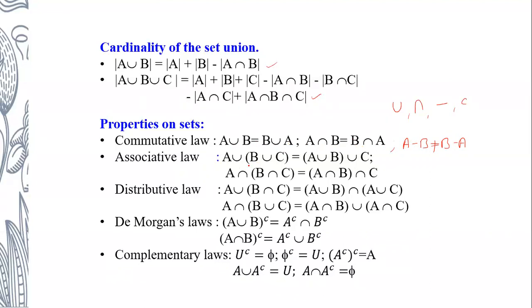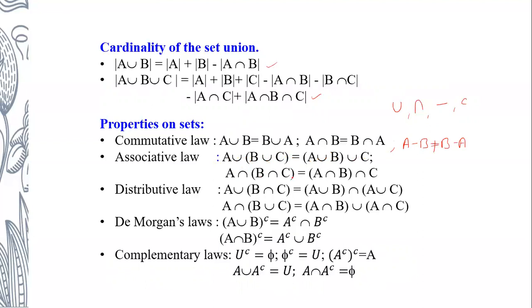And the associative law: A union of B union C is the same as A union B union C. If you want to apply union on 3 sets, first you find the union of the 2 sets B and C, then you take the union with A. Otherwise, it is the same as finding A union B first and then taking the union with C. Any order you can take.